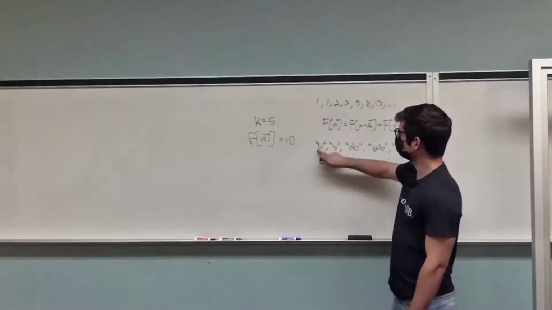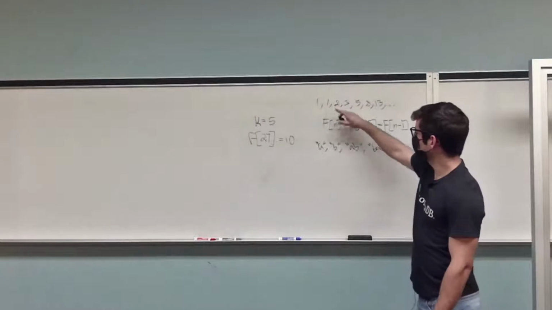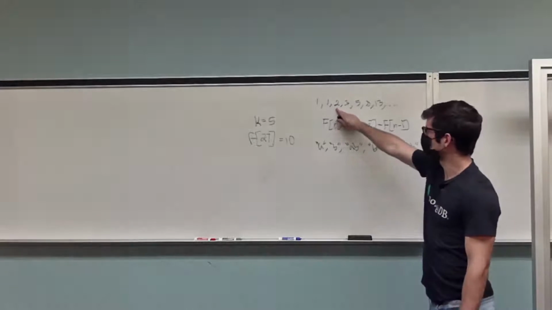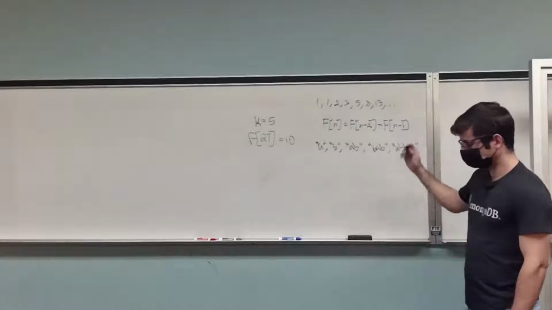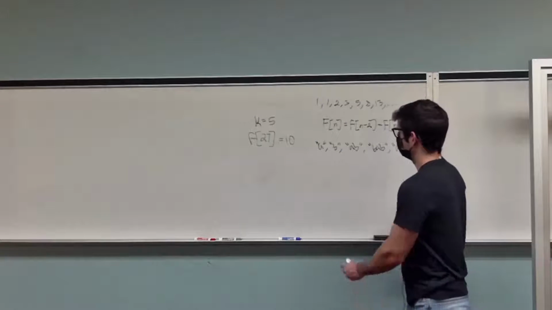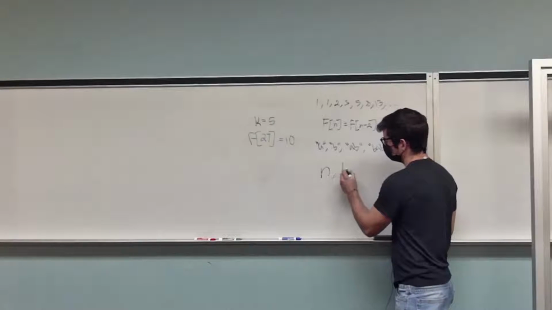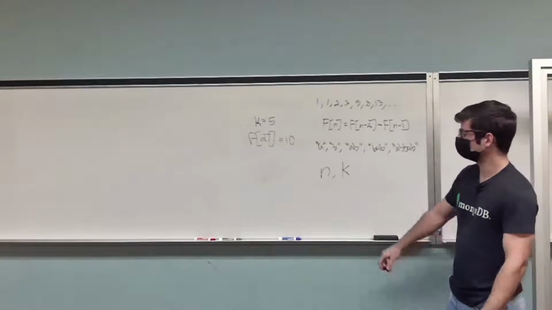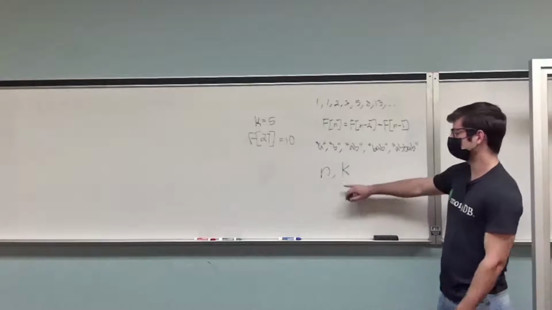Here we have 1 letter, and in the number sequence we only have 1. Same thing here, 1 and 1. Here we have 2 letters, and in the Fibonacci number sequence we have 2. At the exact position it's the same thing. So that's the connection we made. And now the problem we're trying to solve is, given two numbers, n and k, we want to find the Fibonacci string sequence at n, and then what character is at index k.